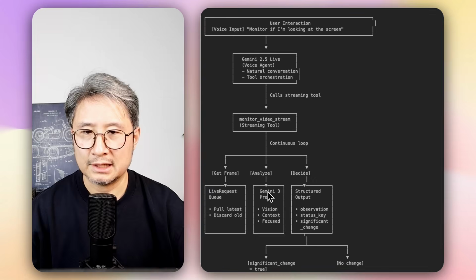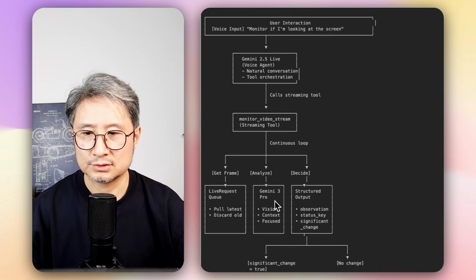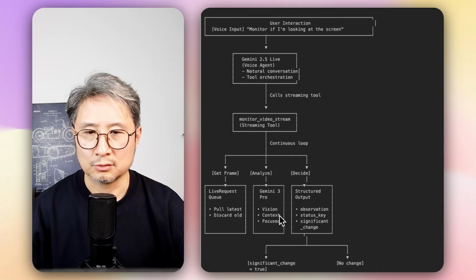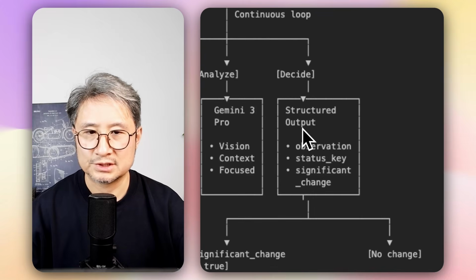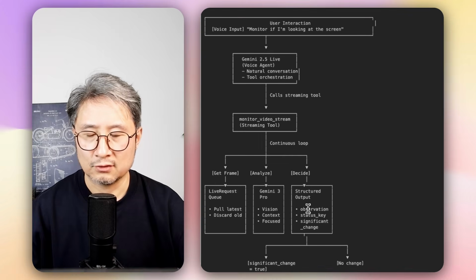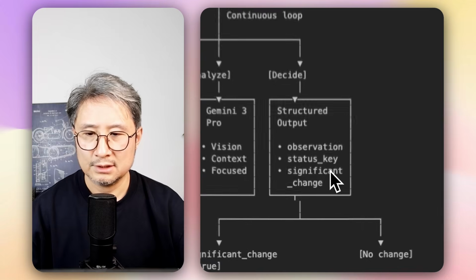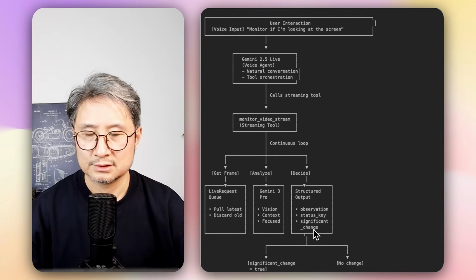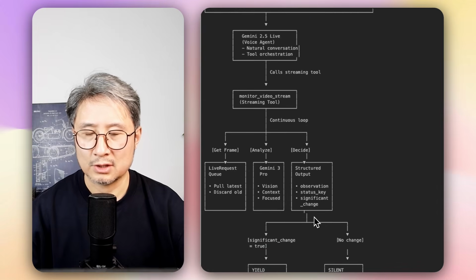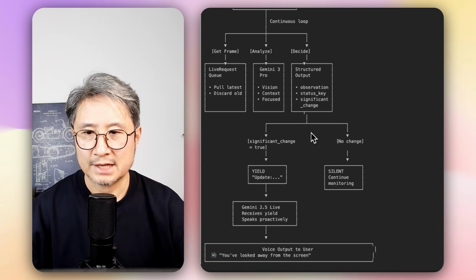The vision analysis block, powered by Gemini 3 Pro, receives the frames and the context to prepare for model processing. The structured output is the model returns the observation, which defines its output structure involving 3 fields: observation, status key, and significant change.